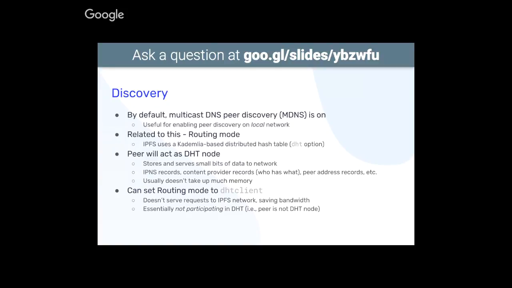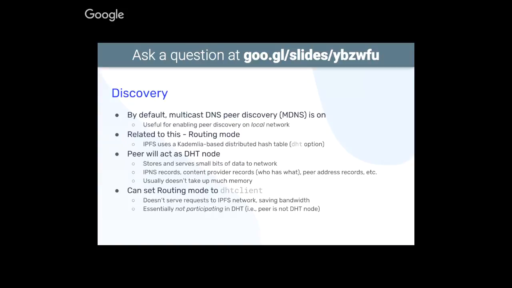So by default, your peer will act as a DHT node. So it will add, route, and update information to the DHT. It will store and serve small bits of data to the network, and it will answer queries from other peers. So that's how IPFS distributes content.